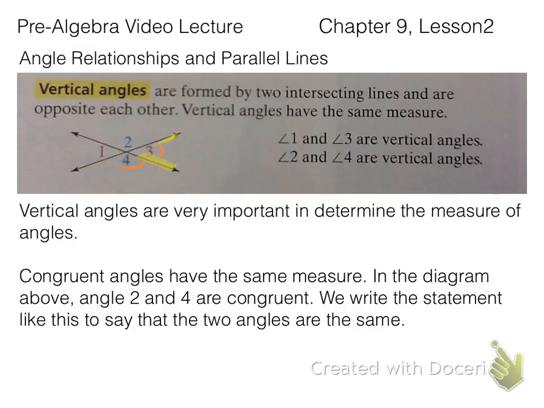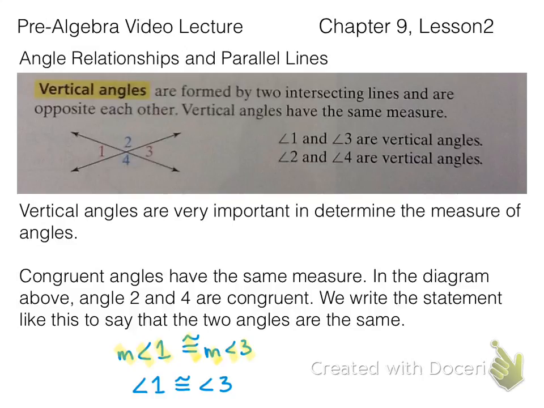So vertical angles are ones that are across from each other. In this case, angle 1 and 3 are across from each other. So that means that the measure of angle 1 equals, or is congruent to, the measure of angle 3, which means, and notice how I wrote it down here, the measure of angle 1 is congruent, and that little congruent sign is an equal sign with the approximate bar over it, to the measure of angle 3.